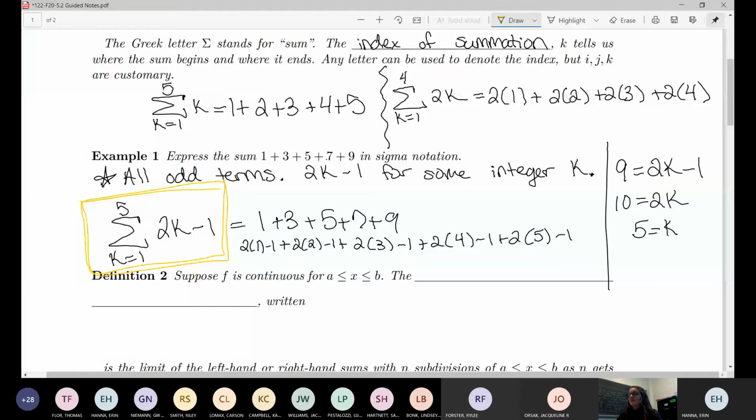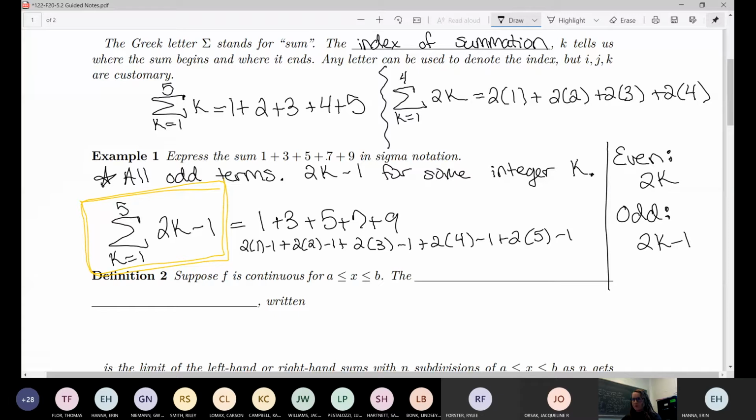Trust me that any odd number can be written as 2k minus 1. That's what it means to be an odd number. So essentially, the definition of an even number is that it can be written as some 2k, and the definition of an odd number is that it can be written as 2k minus 1.